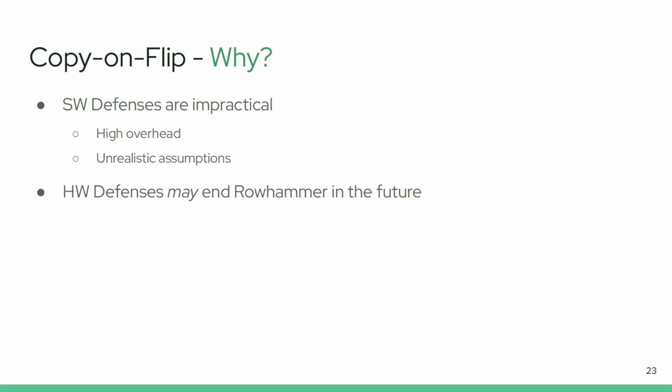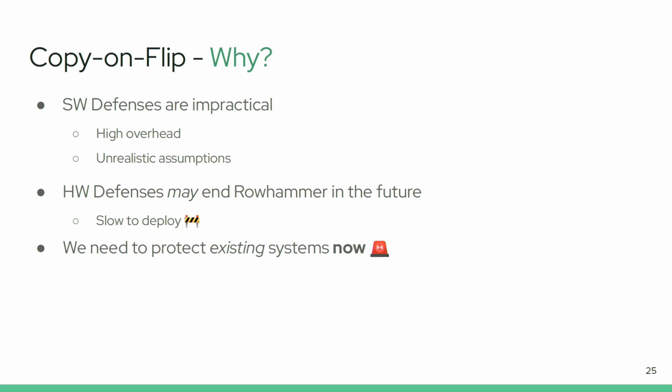As for hardware defenses, plenty have been proposed, and many of them are very interesting and might end Rowhammer in the future. The problem is they're very slow to deploy. Because of how the production pipeline is set up by hardware vendors, these will likely take years to be deployed, and they will only be deployed on newer memory modules. So we really need to find some way to protect existing systems, and we need to do it as soon as possible.